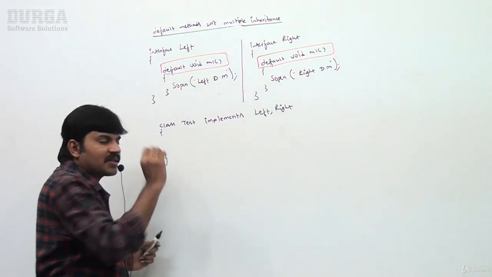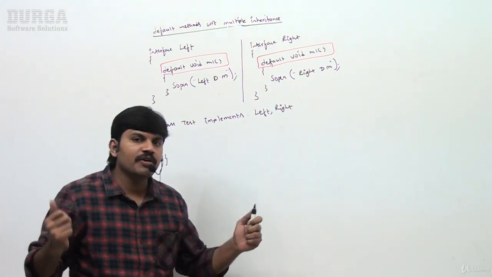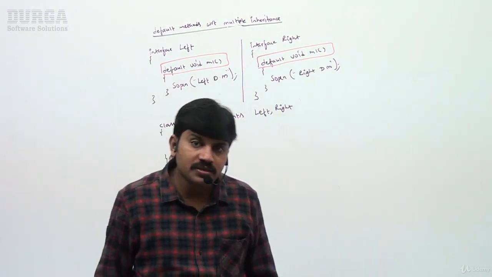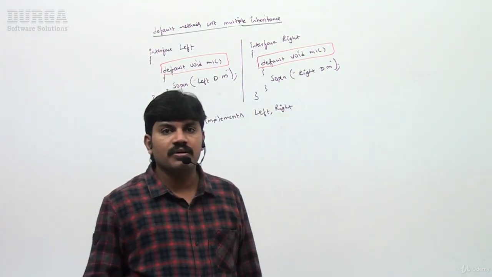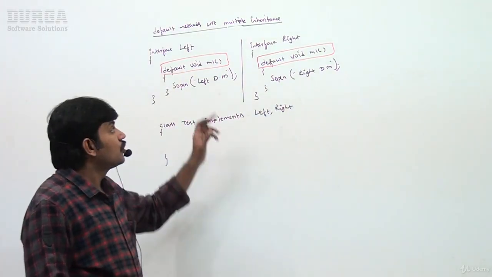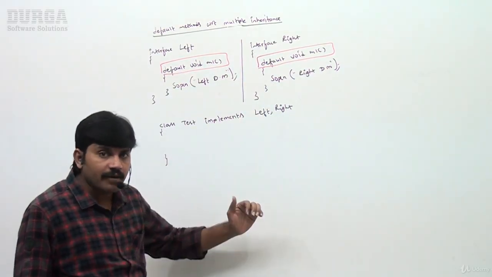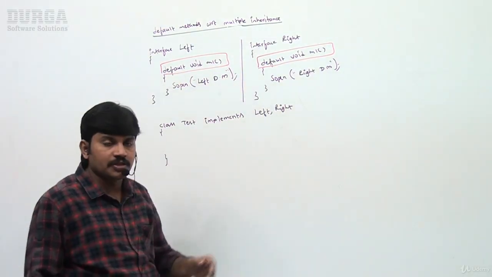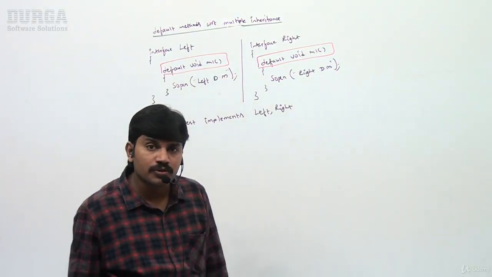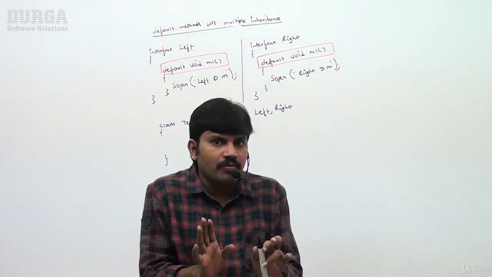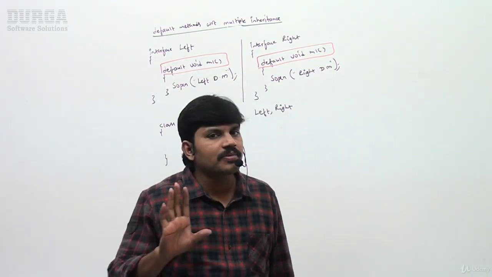Sir, within this class, if I use m1, which m1 has to execute? Is it an ambiguity problem or not? So that's why the compiler immediately tells about unrelated defaults: two default methods came from the parent interfaces. First observe the problem. How to solve it, that part I will take care of.